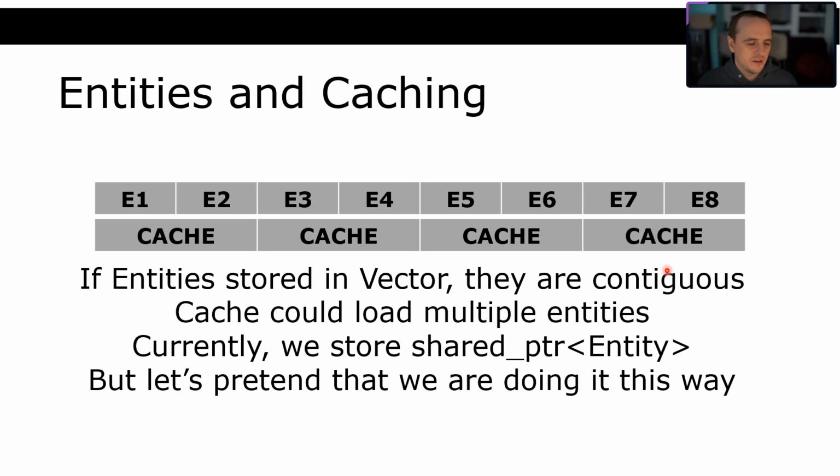And in practice, your game is going to have kind of largish entities, right? Because you're going to want to have a bunch of components with a bunch of data in each component. What we currently do is store a shared pointer to an entity, right? So these are all shared pointers, but we're going to pretend that we're not doing this for now. We're going to pretend that we are storing the raw entities within the vector.